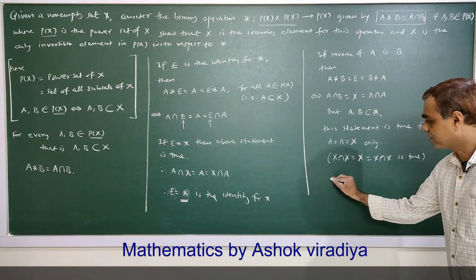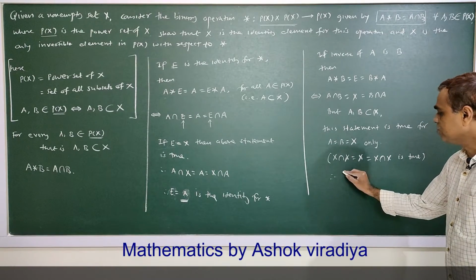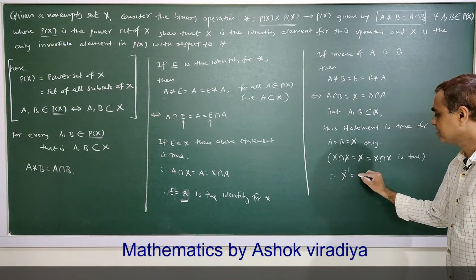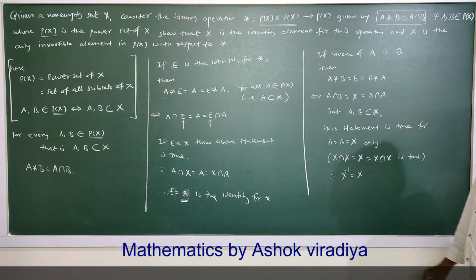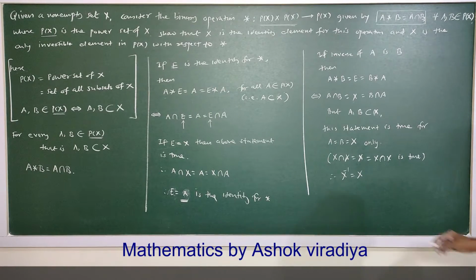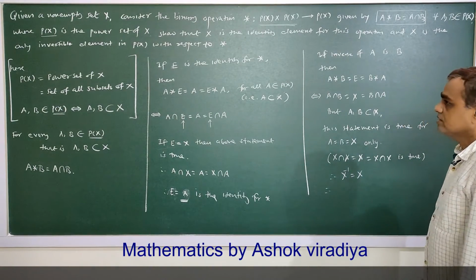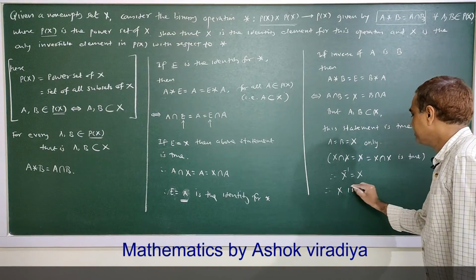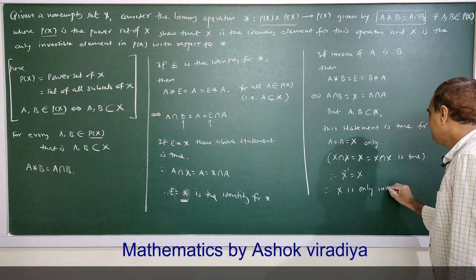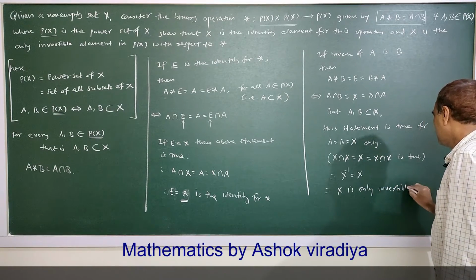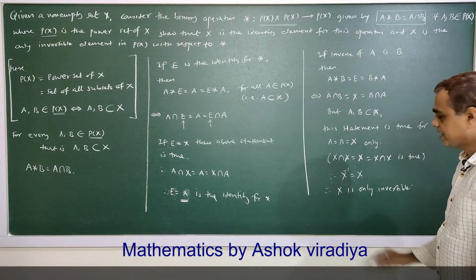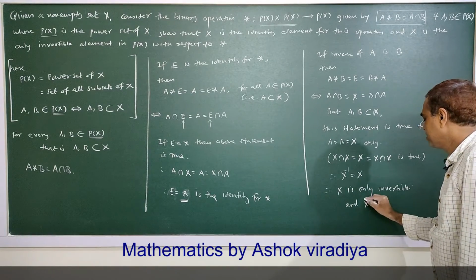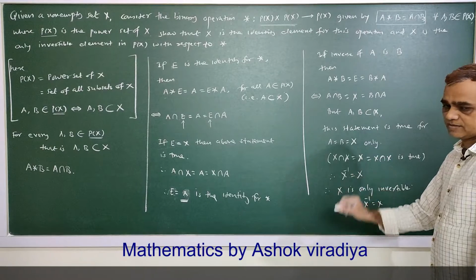So therefore the inverse of X is X. Only the inverse of X exists. Therefore only X is invertible, and its inverse is X.